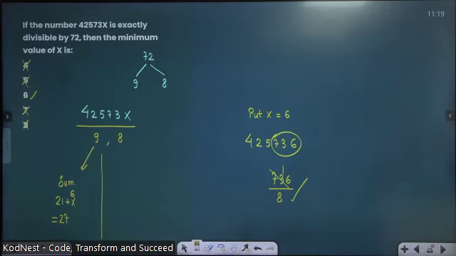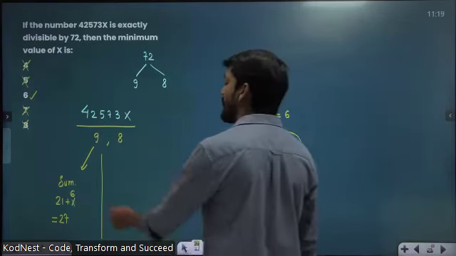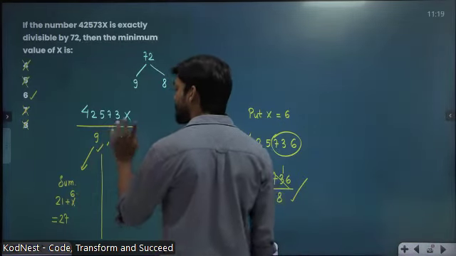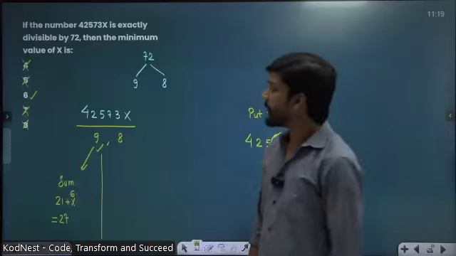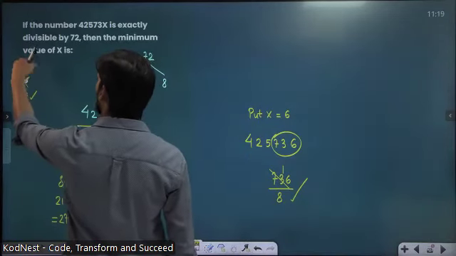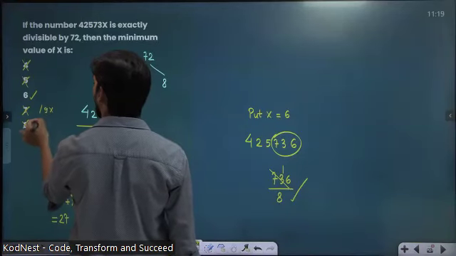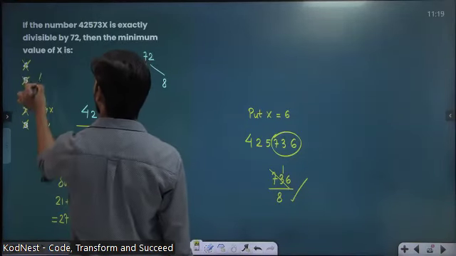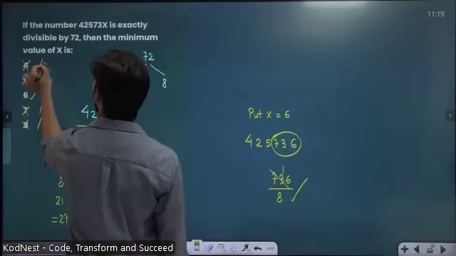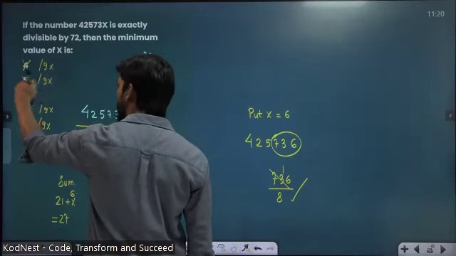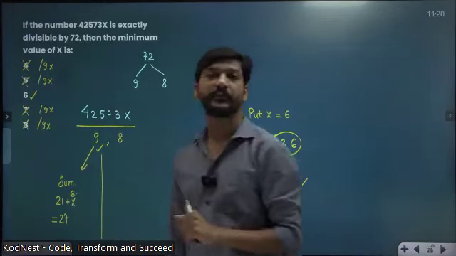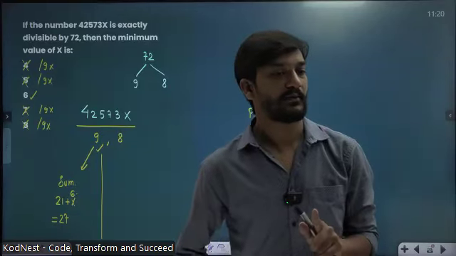One value of x should satisfy 9 also, 6 also. So what I'm saying is, please carefully see. X equal to 6 will give you a number divisible by 9. So that means if I take other values of x, I will not get a number divisible by 9. So can these options be correct?